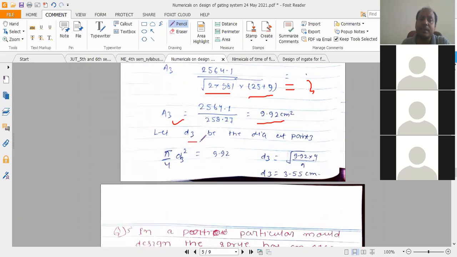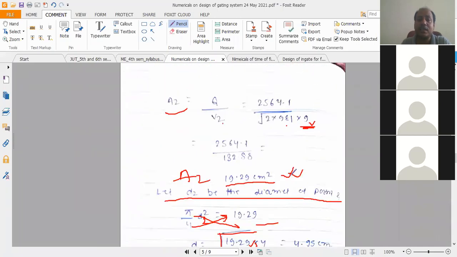If the diameter is D3 at the base of the sprue, then pi by 4 d squared, and D3 can be calculated, and it will be 3.55 centimeter.